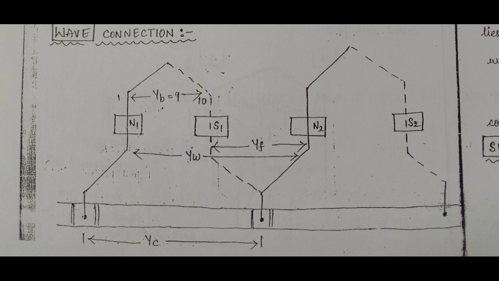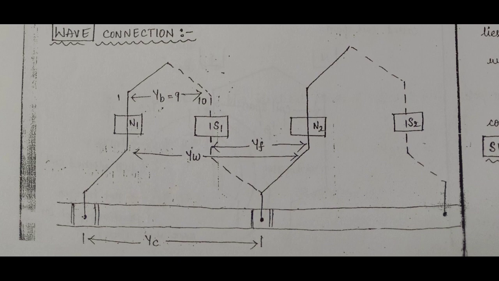From the diagram we can define that the ending end of the first coil, that is the 10th conductor ending end, is on south pole 1, the conductor which is under south pole 1.